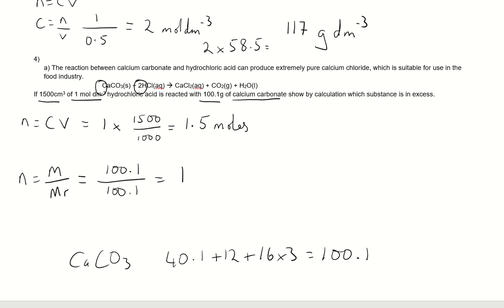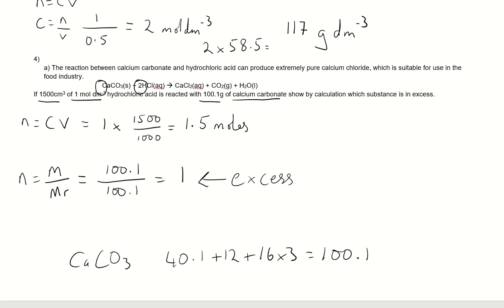So I've got less than 2 hydrochloric acid moles. So it means this is going to run out first. So therefore, that is in excess.